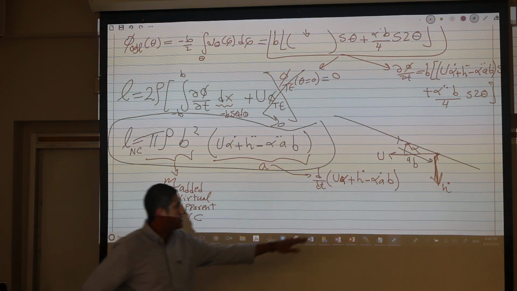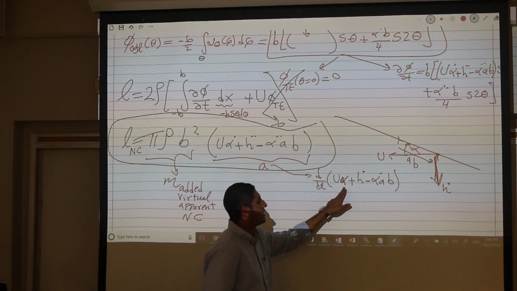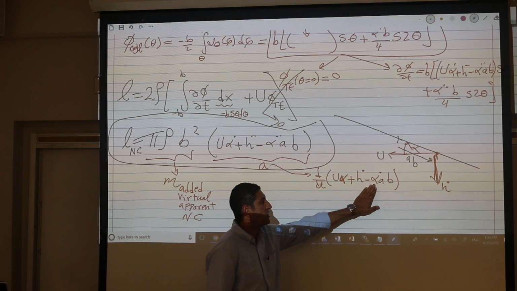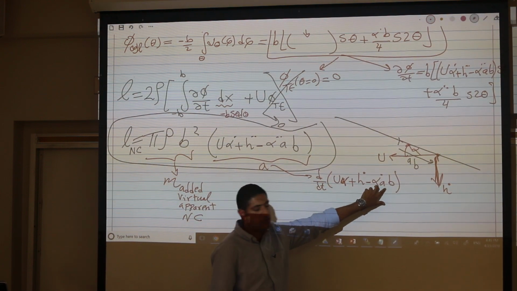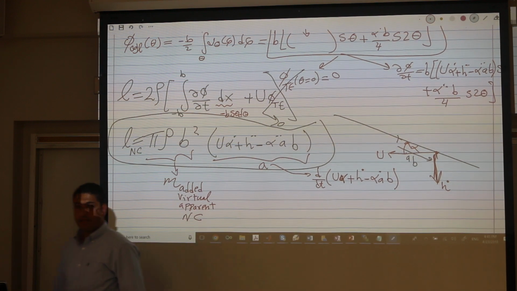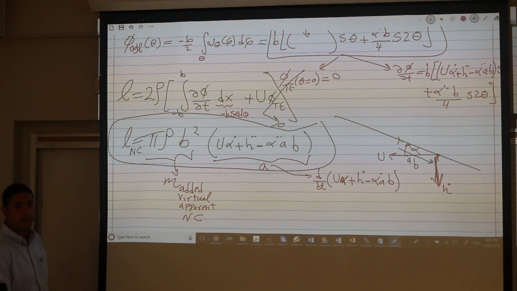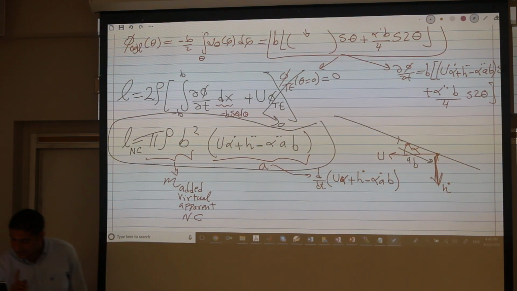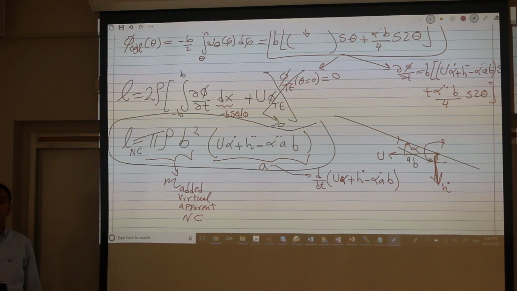These two terms induce the same normal speed at all points. Alpha dot does not. So this is the normal speed at what point? At the hinge, there is no normal speed due to alpha dot.